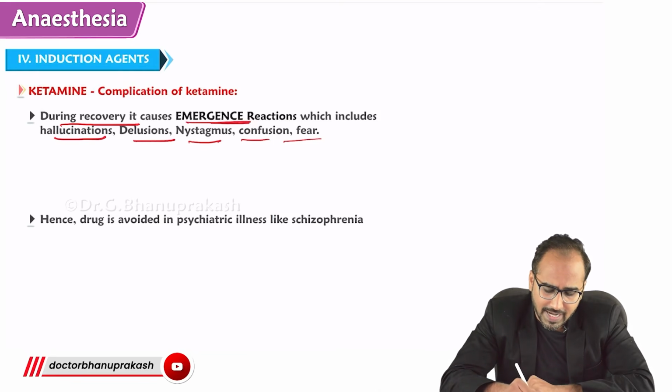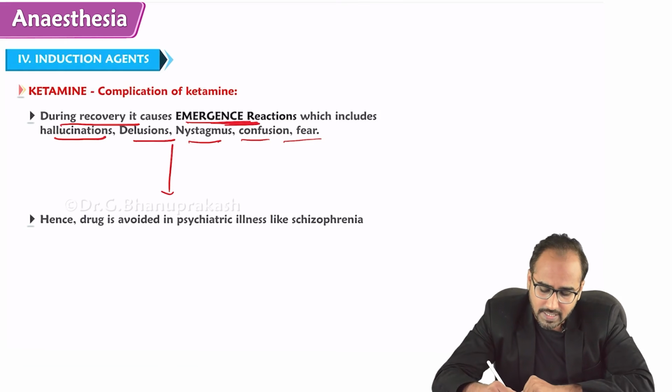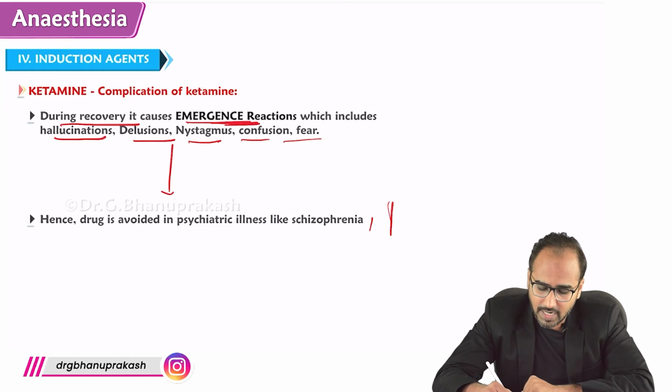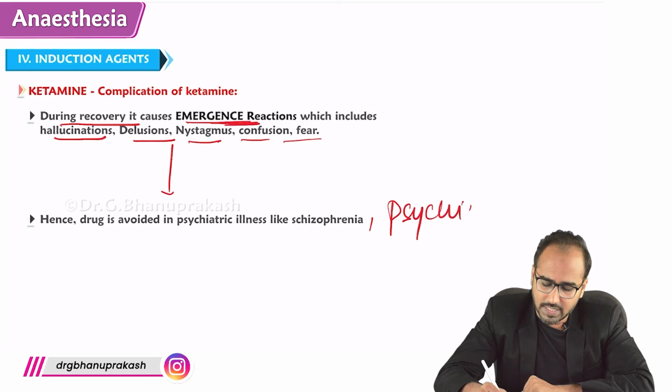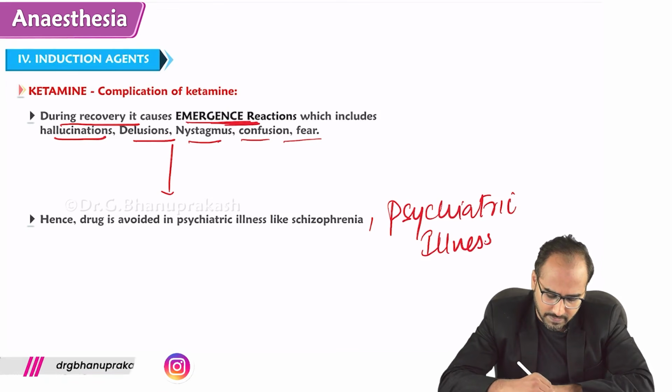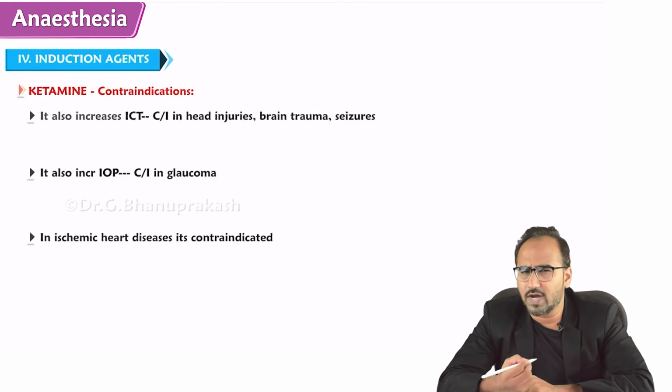This is called emergence reactions. Hence, ketamine is contraindicated in schizophrenia. Ketamine is contraindicated in any psychiatric illness. You never give ketamine in any psychiatric illness.